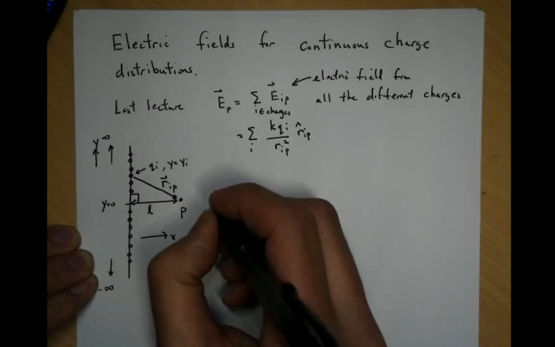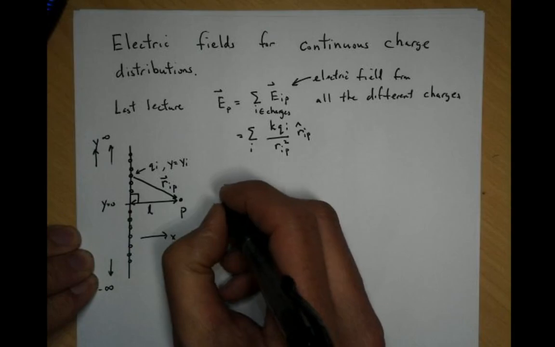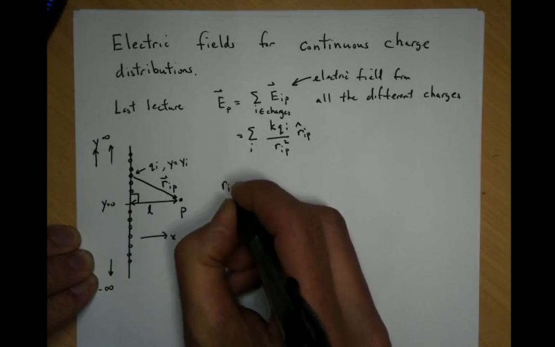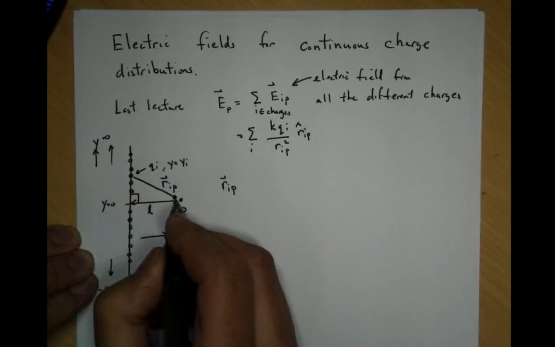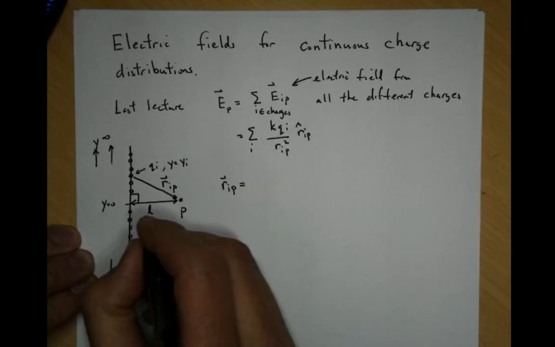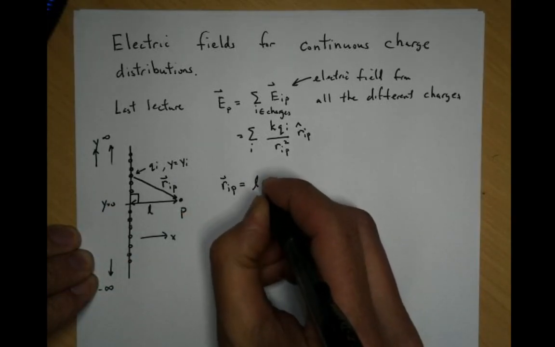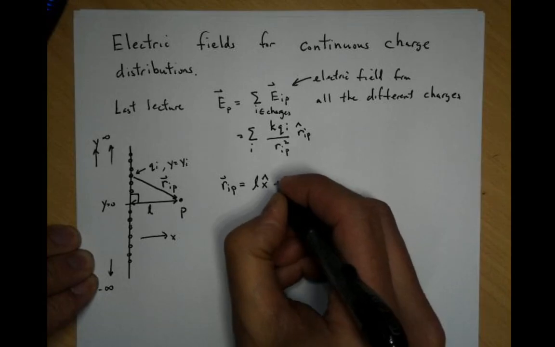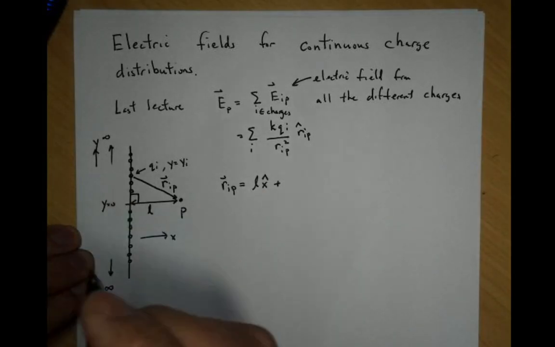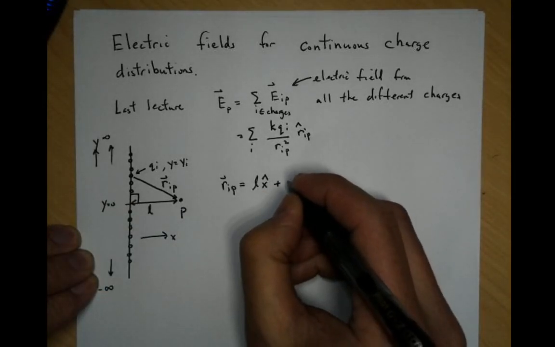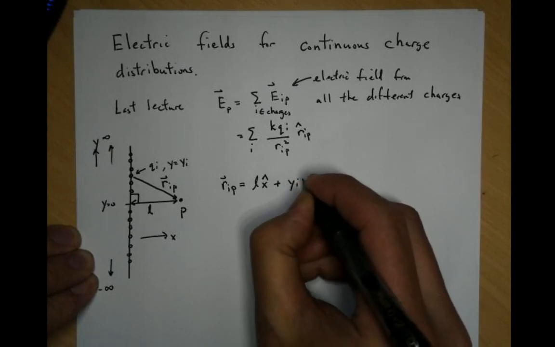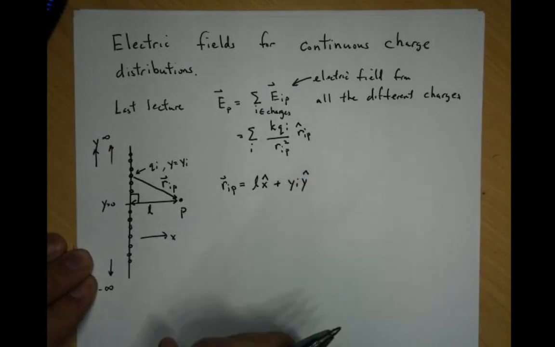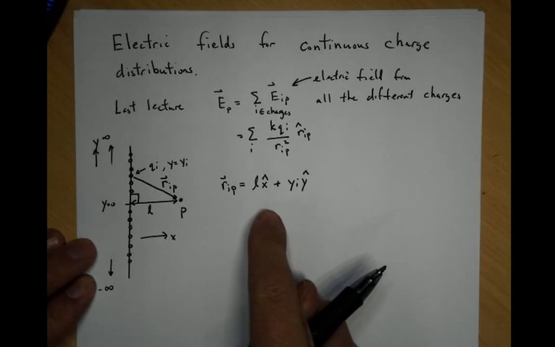In that case, what is r_iP going to be? I'm going to move in the positive x direction by distance L, so it'll be L x hat, and I'm going to move in the y direction by amount y sub i, so y sub i y hat. That's the vector r_iP.